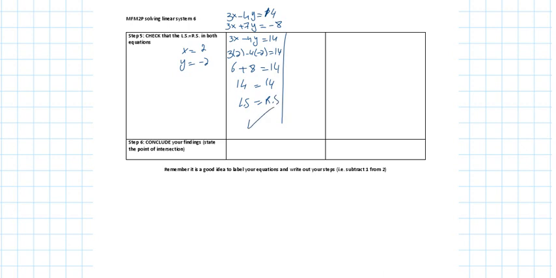I have to check my second equation to make sure that it's true in the second one as well. So I write my equation. 3 times 2 plus 7 times negative 2. 3 times 2 is 6. 7 times negative 2, that's negative 14.